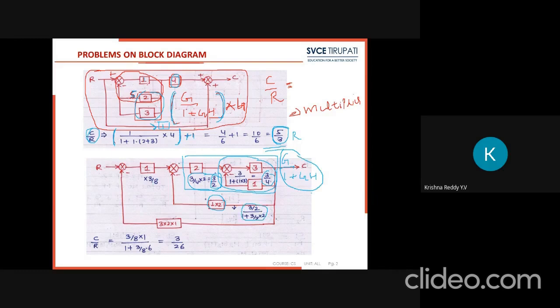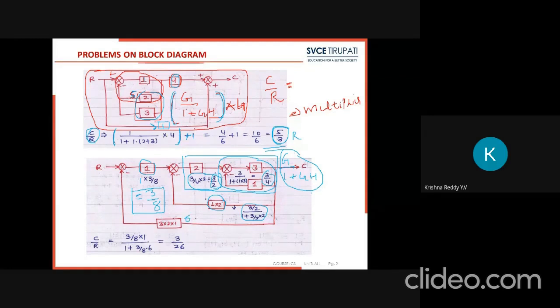The resultant one is in series with the block 1. When you are multiplying 1 into 3 by 8, we are getting the resultant is 3 by 8. This 3 by 8 block is having negative feedback with feedback path gain is 6.